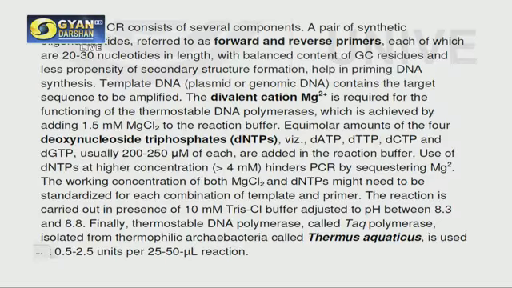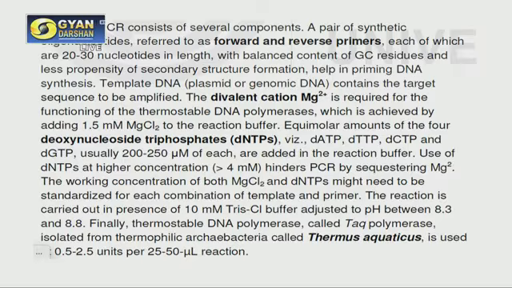These two primers should not differ too much in length. Each of them should be around 20 to 30 nucleotides in length. 20 nucleotides is the minimum length, and it is preferable not to go beyond 30 nucleotides. They should have a balanced content of GC residues and less propensity of secondary structure formation, which helps in priming DNA synthesis.